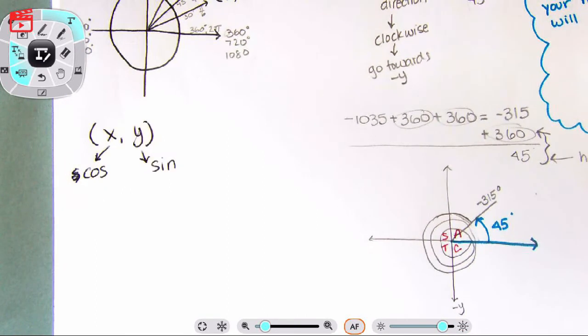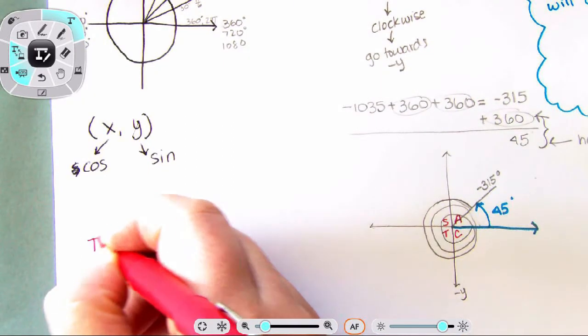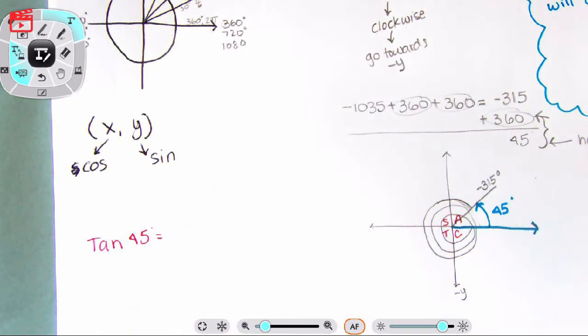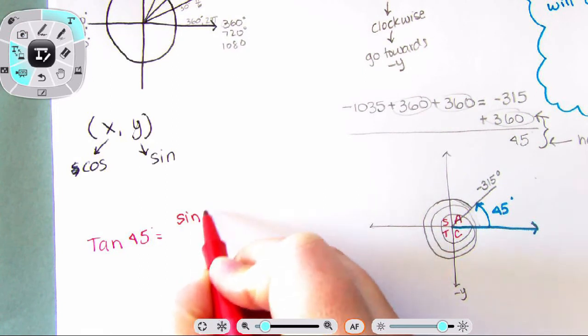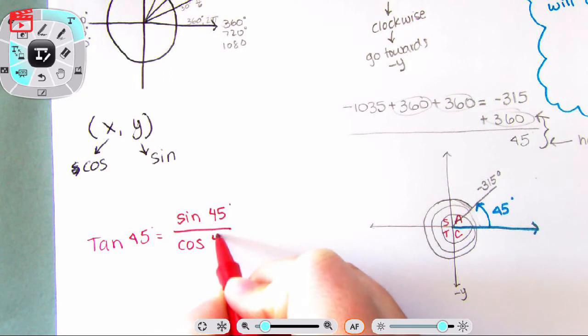So again, now that we know our reference angle is 45, I'm going to bring that down here. So I have tangent of 45 degrees. Well, I don't know what tangent of 45 degrees is, but I do know that tangent is sine over cosine. So I'm going to do sine of 45 degrees and cosine of 45 degrees.